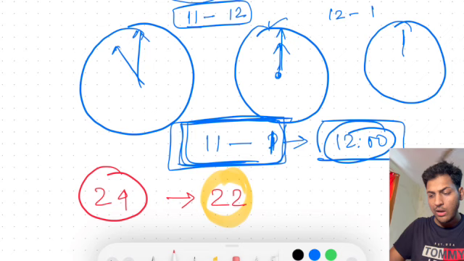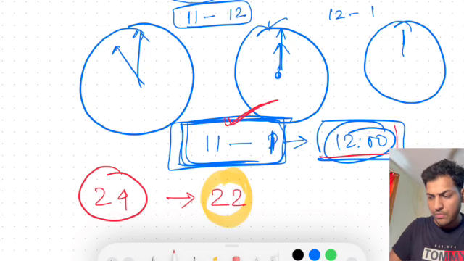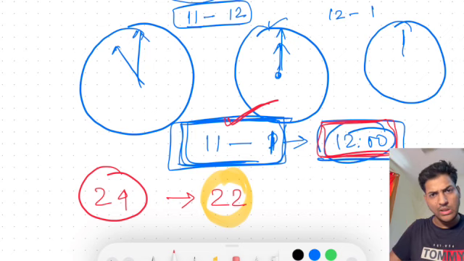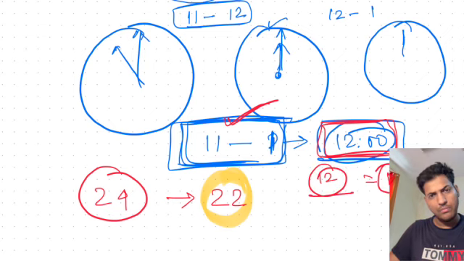Are you getting why? Because this occurs 2 times, at 11 to 1, where there is only one coincidence in 2 hours. If they ask how many times they coincide in 12 hours, the answer is 11.